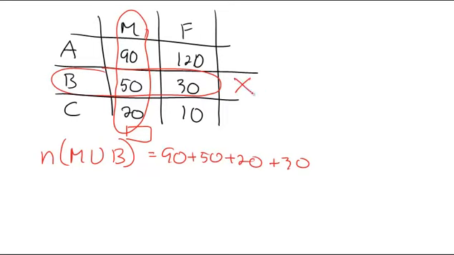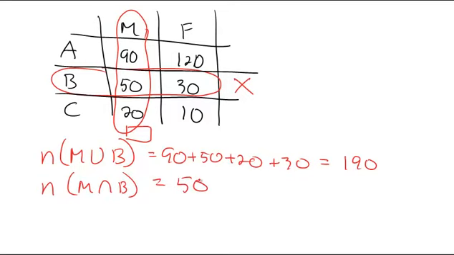Don't use the row total over here because that'll end up counting the 50 twice. So it's better just to count up all the individual numbers. All right, so that's 140 plus another 50, so that's 190. Okay, we'll leave it in red because we'll do the number of men intersected with B, and hopefully you're all screaming at the screen going, well, duh, that's 50 because that's where the two things overlap. Okay, so those are easy.